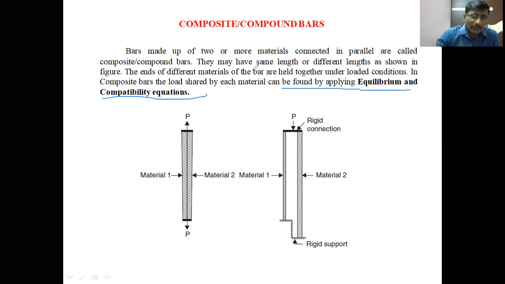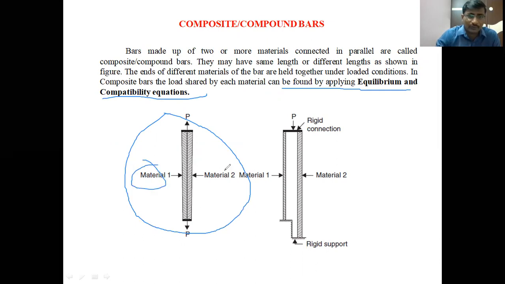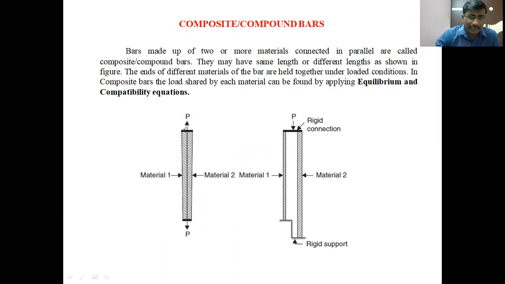Let us go to the diagrams. This is the diagram in which two materials are attached parallelly. In the first case, both are the same length. Material 1 and material 2 are the same length, and the two materials are connected at the end, fixedly held together, and a tensile load P is applied.